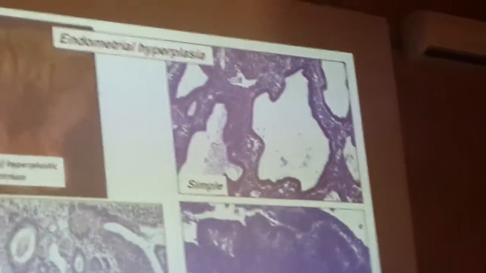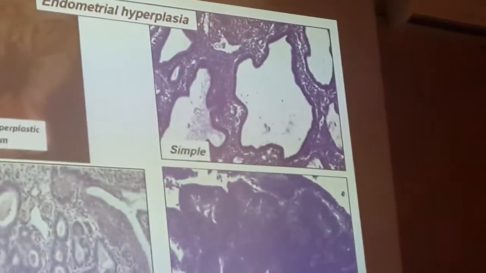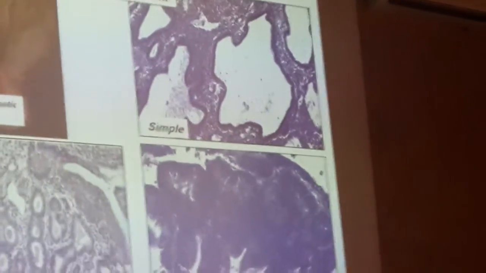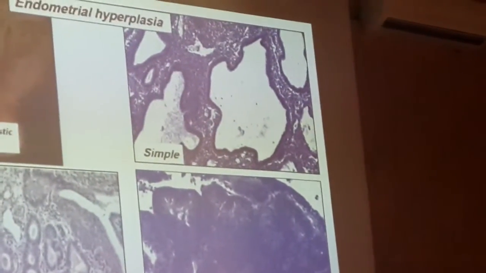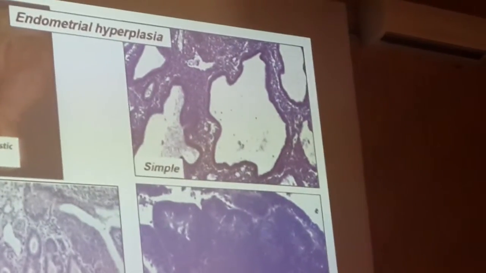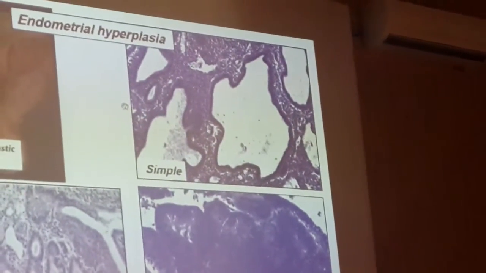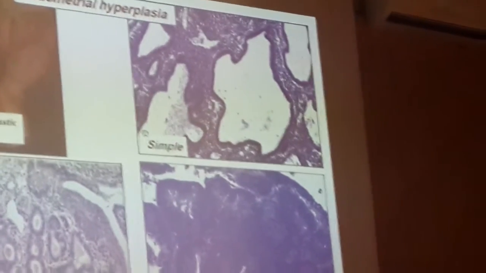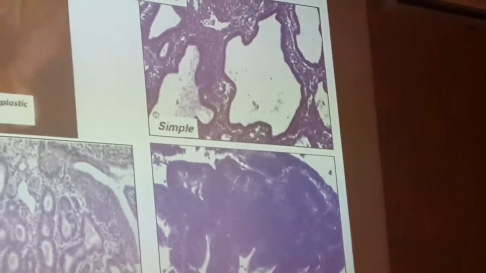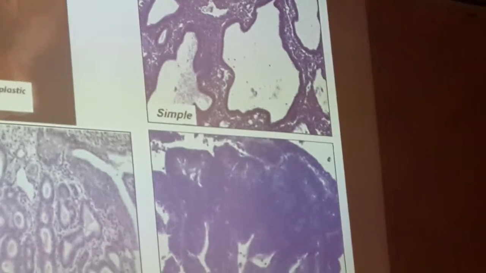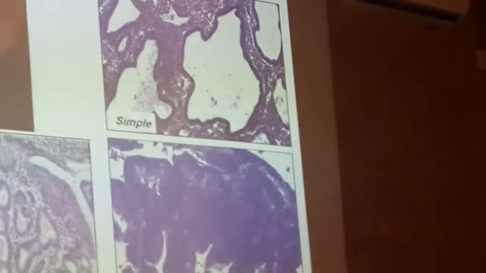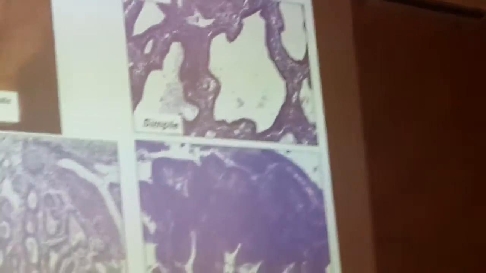Simple hyperplasia means there is hyperplasia and dilatation of the epithelium of these glands. Look, this is a normal gland, small. Here this gland becomes large, cystically dilated, filled with some fluid. So this is cystic dilatation, or simple hyperplasia of the endometrium. It can happen with old age. Second is complex hyperplasia.